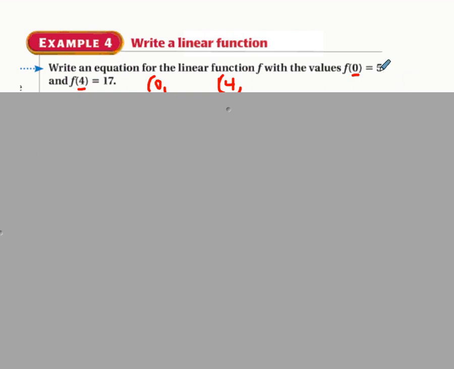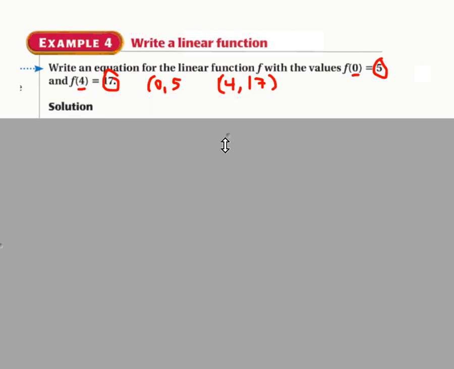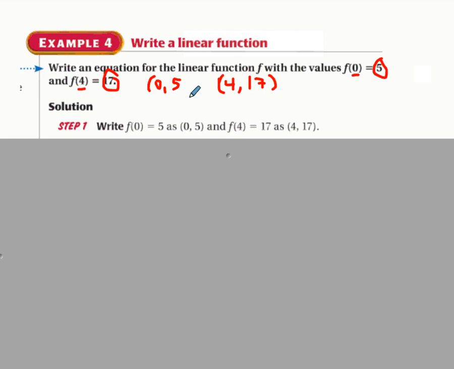And now the information that it is equal to, so this 5 and this 17, are our y values. So in this case, I have 2 points. I have (0, 5), and I have (4, 17). That's how you determine what your x and your y values are given this function information. Okay, so just like this.